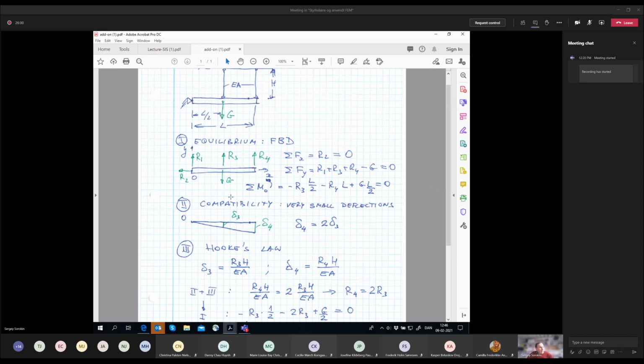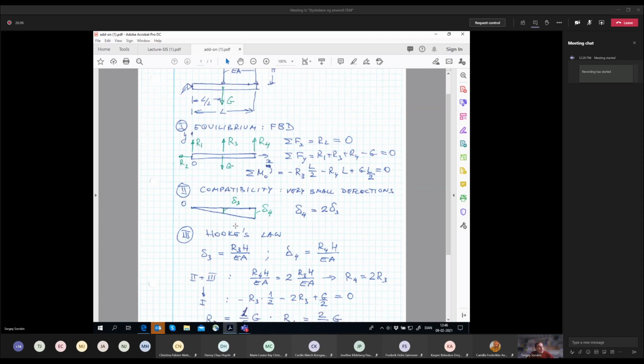This is something which, I understand, is quite confusing, but please see it as it is. As we say that the deflections are very, very small, then we can say that this point goes strictly down, and this point also goes strictly down.